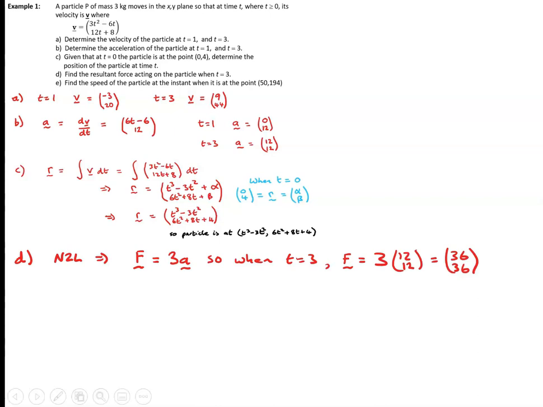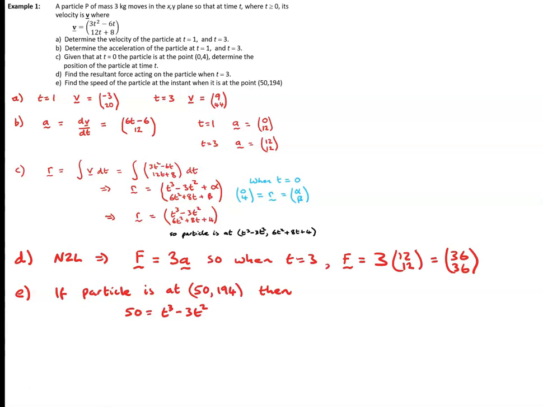For part E, we've got to find the speed of the particle at the instant when it's at the point (50, 194). So if the particle is at the point (50, 194), then we know the displacement is (50, 194). In other words, the value of t cubed minus 3t squared, which is the x component of the displacement, must be equal to 50.